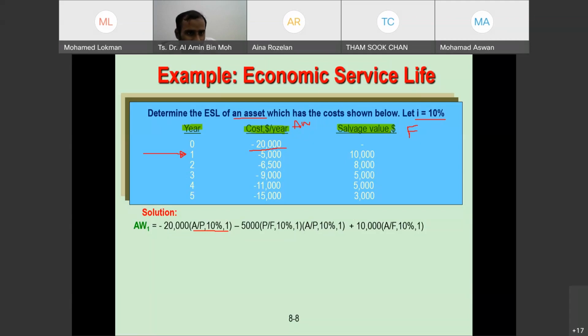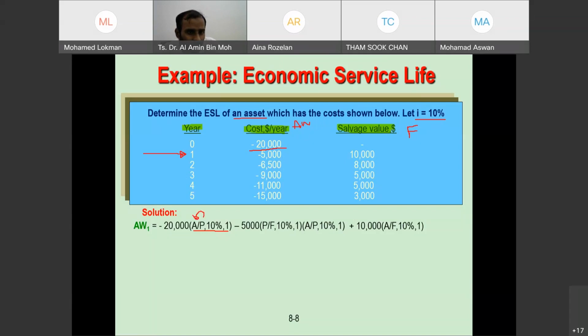Because this year 0, if you draw the cash flow, so this year 0 means current year, right? Current now, so it's P. P for the year 0, right? But not for year 1, year 2, year 3. So you need to find a 20,000 year 0, and then you minus with 5,000.